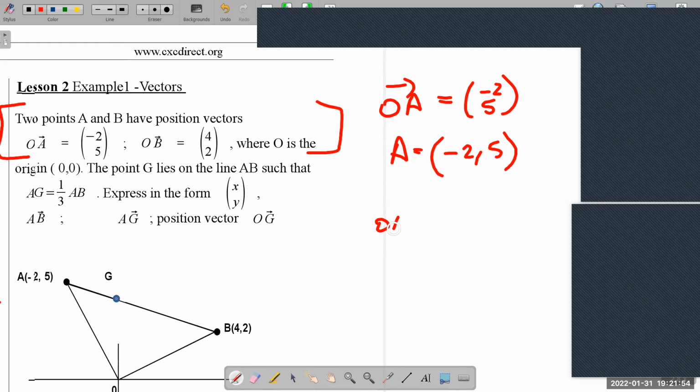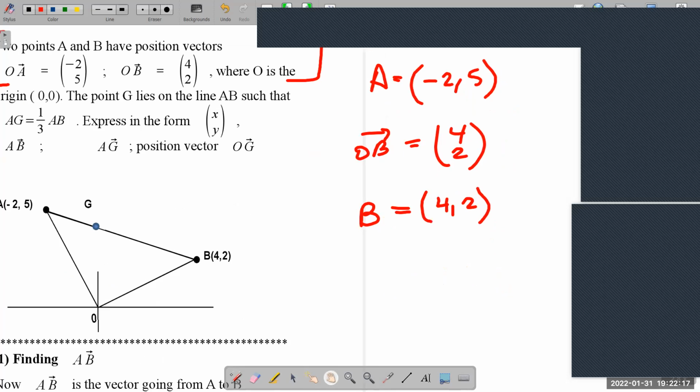If OB is (4, 2), what are the coordinates of point B? Everybody take a try. And don't forget, if you don't put the brackets, it's not coordinates. So that's correct, Cloris. It is (4, 2). You just need to make sure you always put your brackets.